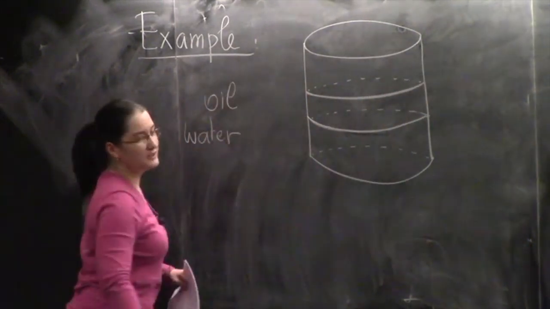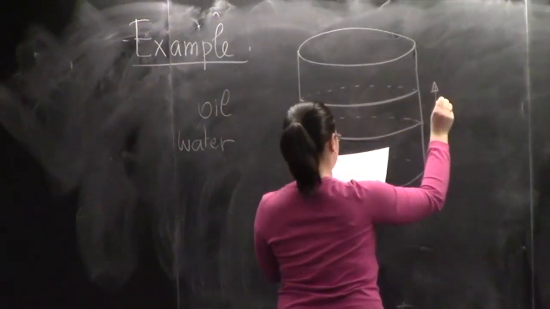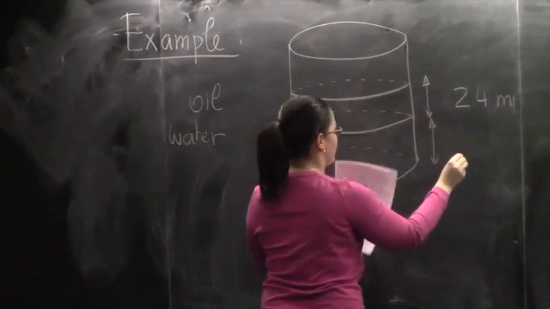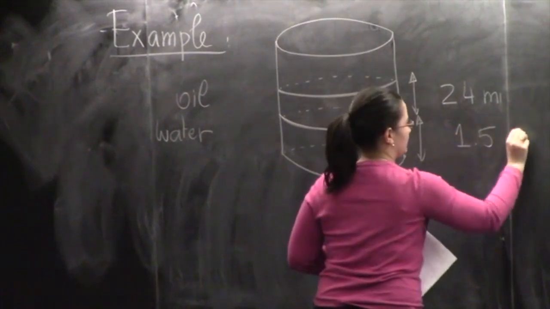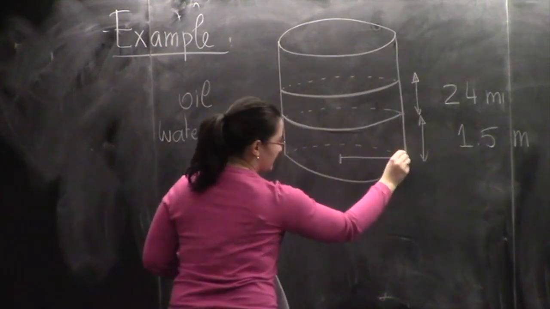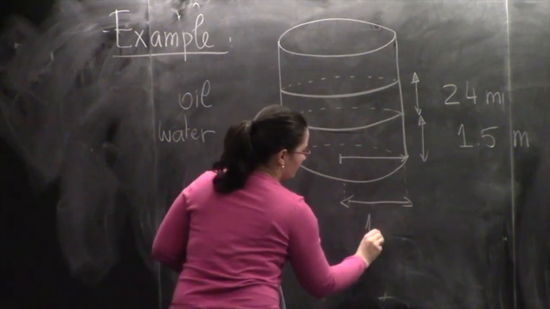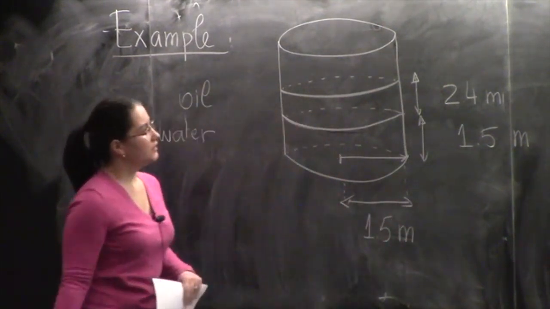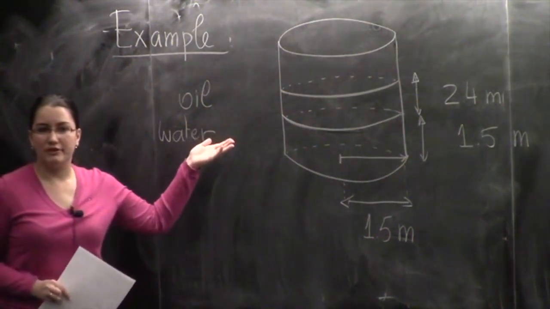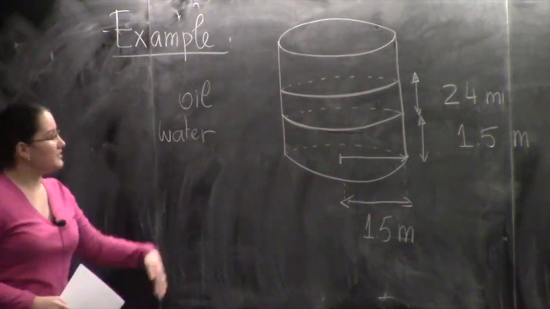Some dimensions over here: 2.4 meters. From here to here 1.5 meters. And the diameter of the bottom is 3, so the radius is just 1.5. So we've got a container of this sort which is partially filled with water and oil. You know that oil is usually less dense than water, so it lifts on top.